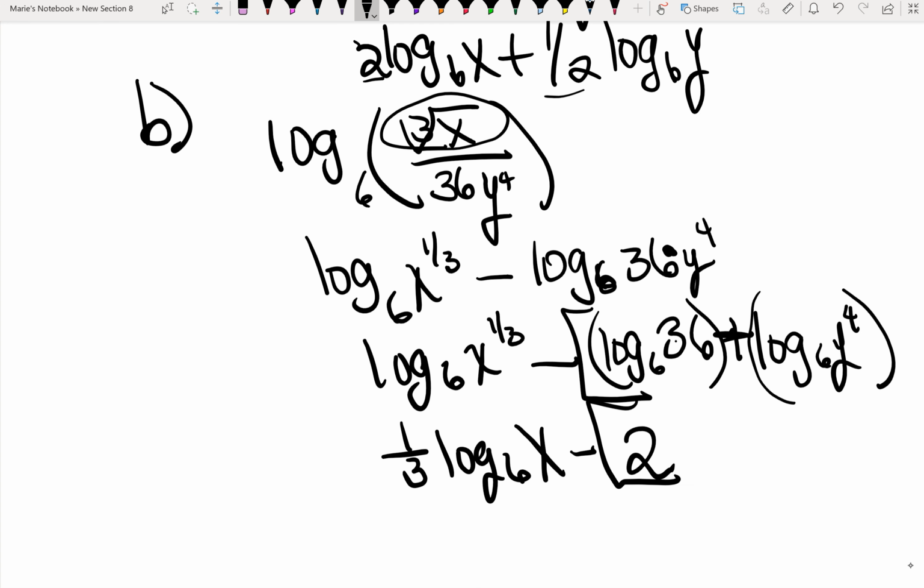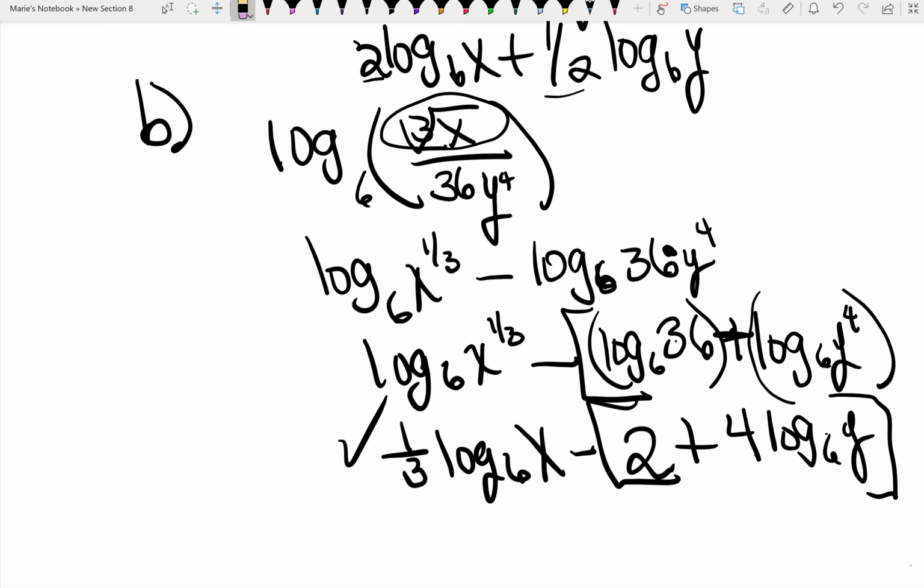And so the next step, bring that forward. So this is 2 plus 4 log base 6 y. Excuse me. At this point, you're done. You don't need to do anything else. You could even remove this because it's just a visual aid.